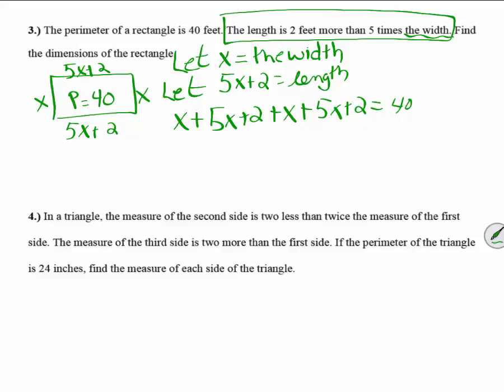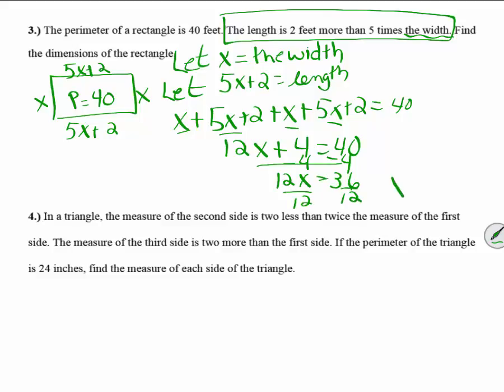So if I put my x's together, that's going to give me 12x plus 4 equals 40. Subtract 4, 12x is 36. Divide by 12, so x is 3 feet. That means that is your width. Your length is 5 times that plus 2, so your length is 17.